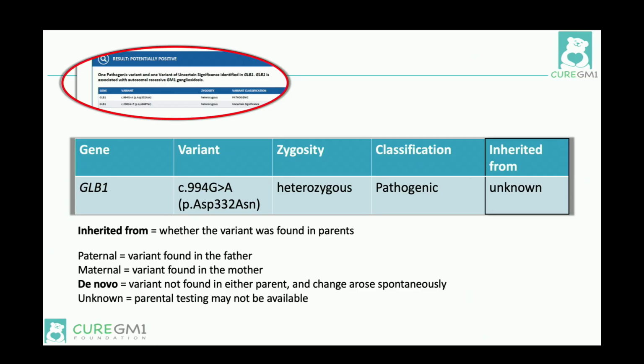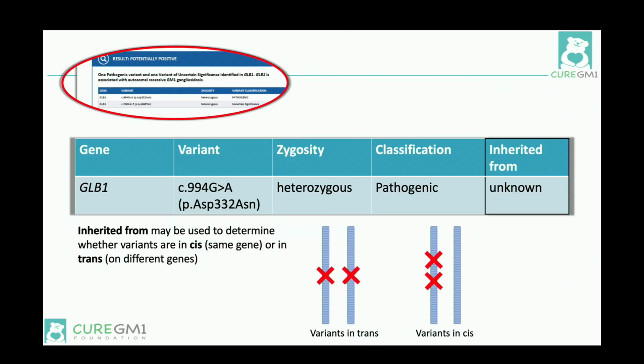So lastly, inherited from, sometimes that's on results, sometimes it's in the fine print, and that just means whether parents were tested, was it found in the parents. De novo was a term we heard earlier. De novo meaning that change arose for the first time in a person, maybe isn't found to be carried by either parent. And lastly, one other thing that we've often heard on test result reports is whether the particular change or changes are occurring on the same gene, on the same chromosome, or whether they occur on 2 different ones.